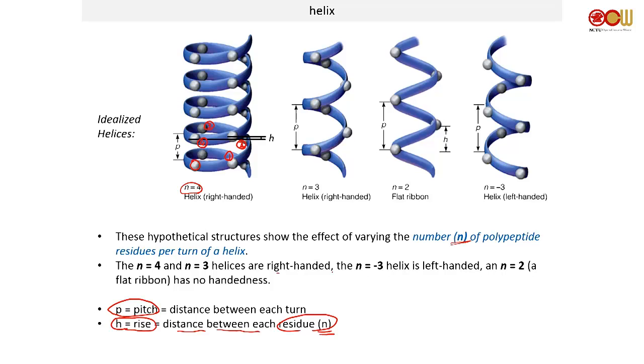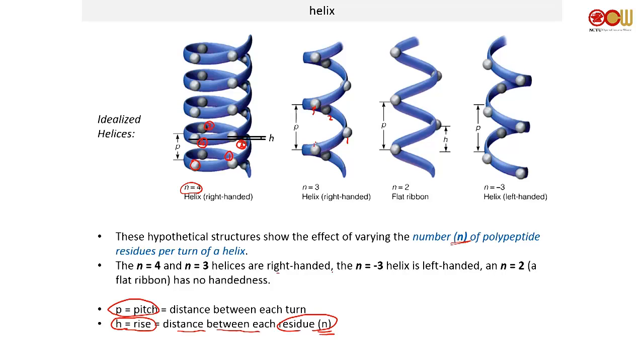So 4 amino acids away, you come back to the same location, sort of. So that's n equals 4. Same thing here, you have 1, 2, 3. So it's 3. If n equals 2 per turn, then it's not even a helix. It's just a flat ribbon.